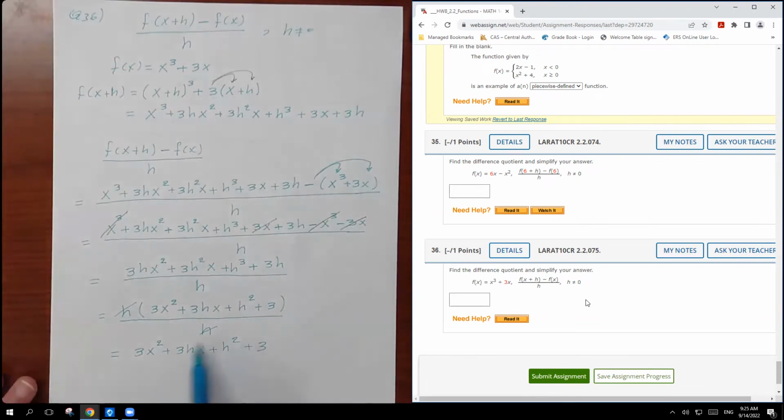This is going to be your solution by using this definition. This rule is really important for the next level of math.